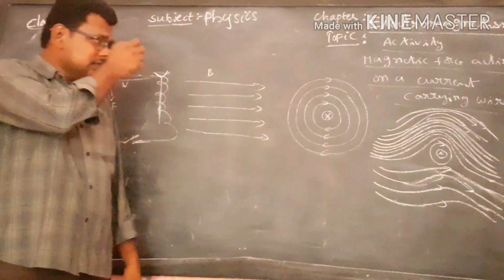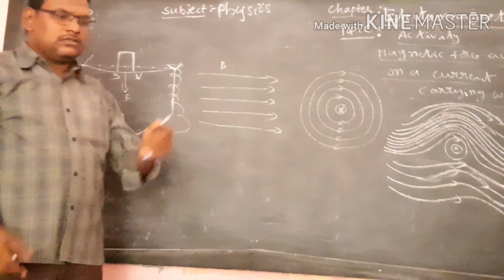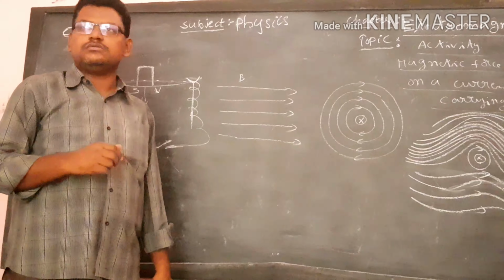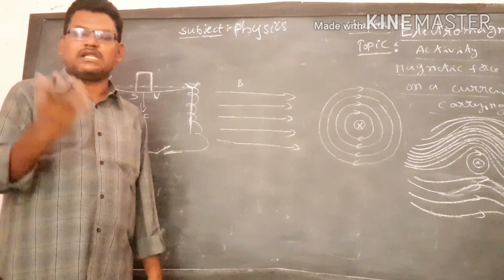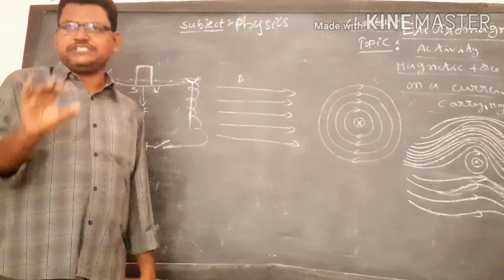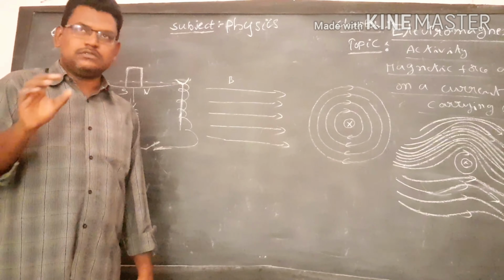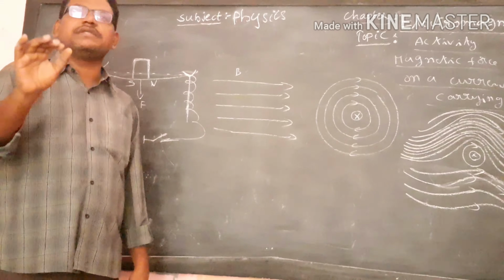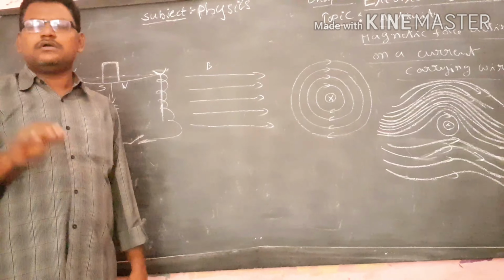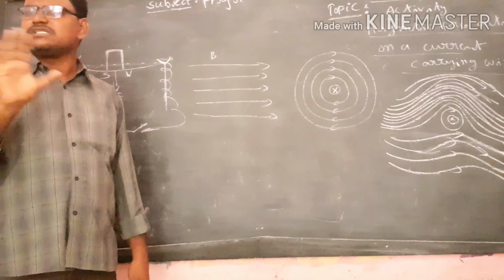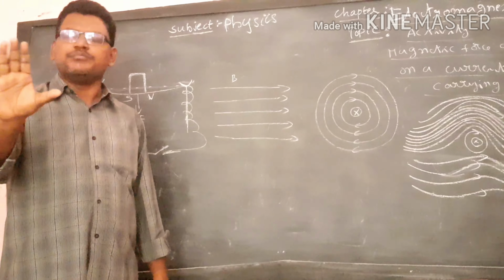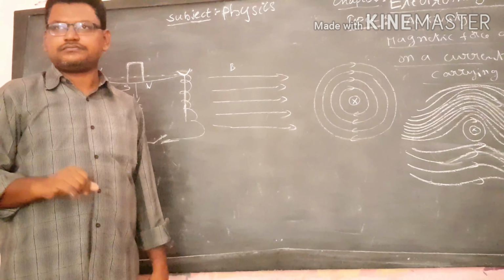Now see here, the right hand thumb rule, or Fleming's left hand rule, or Fleming's right hand rule tells in what direction the current wire bends, but these rules do not tell why the wire is bending in that direction.